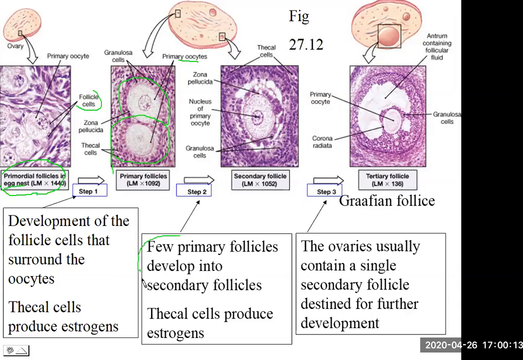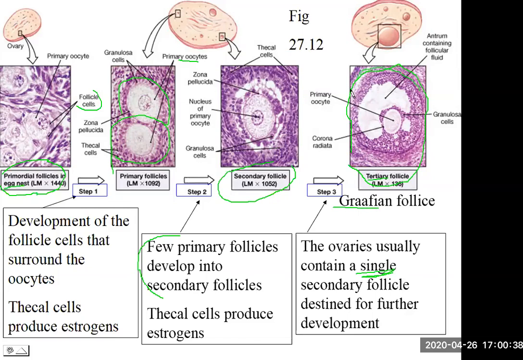So now a few of these develop into a secondary follicle stage. So it's enlarging. And per cycle, per month, there's usually only one mature follicle that grows. And there's multiple names: tertiary follicle, Graafian follicle, mature follicle.